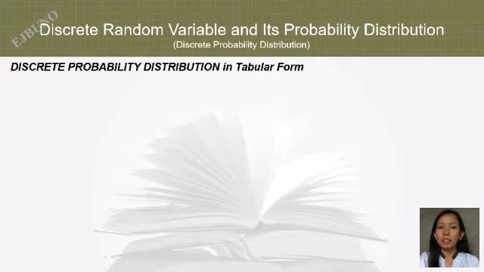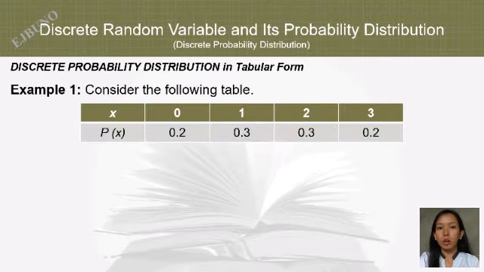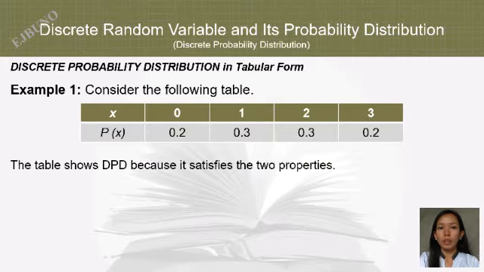Example number 1, the discrete probability distribution in tabular form. Consider the following table. The values of x are 0, 1, 2, and 3, and the probabilities are 0.2, 0.3, 0.3, and 0.2. The table shows a DPD or discrete probability distribution because it satisfies the two properties.